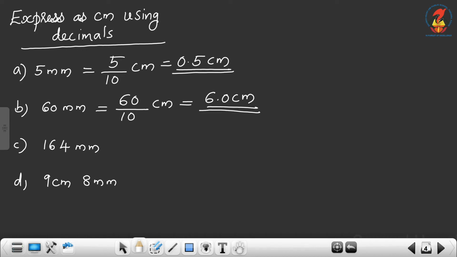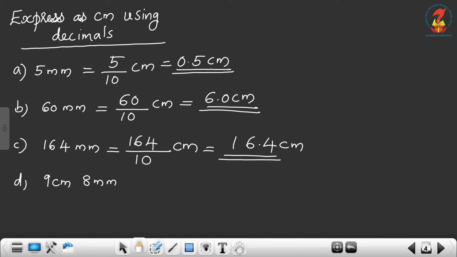Then 164 millimeter. 164 divided by 10 is centimeter. After 1 we have only 1 zero, so starting from the unit place, move 1 digit to the left and put the decimal point. So the answer is 16.4 centimeter.